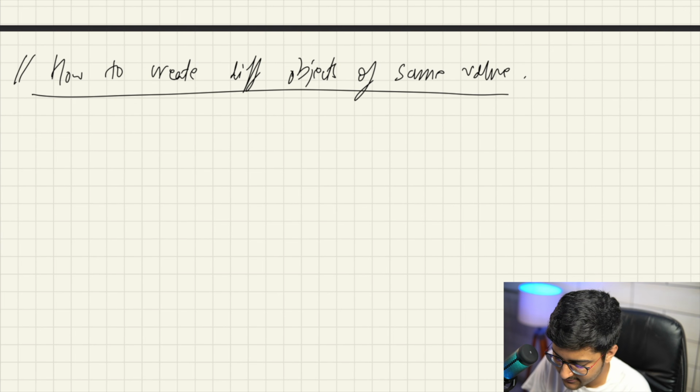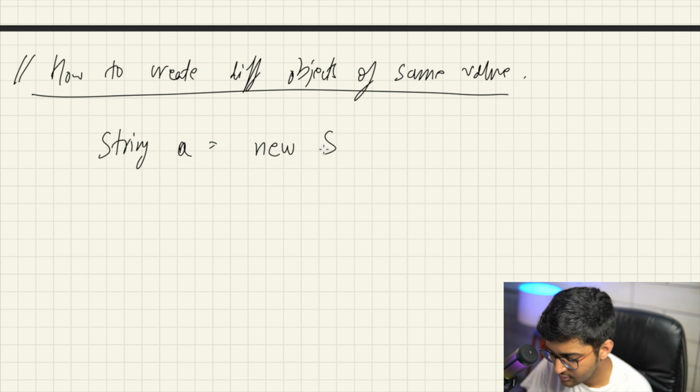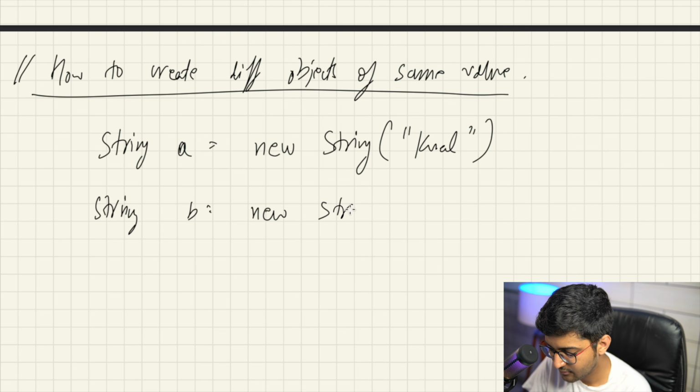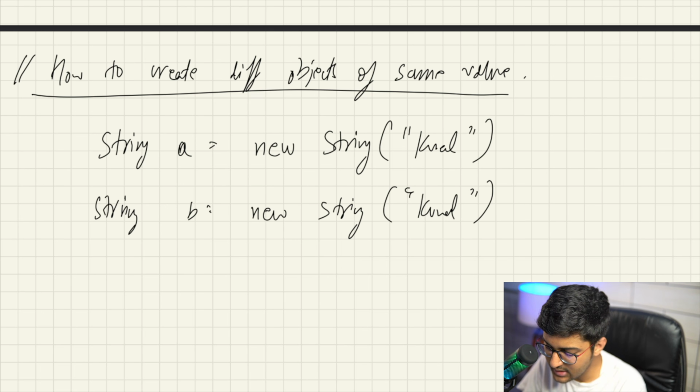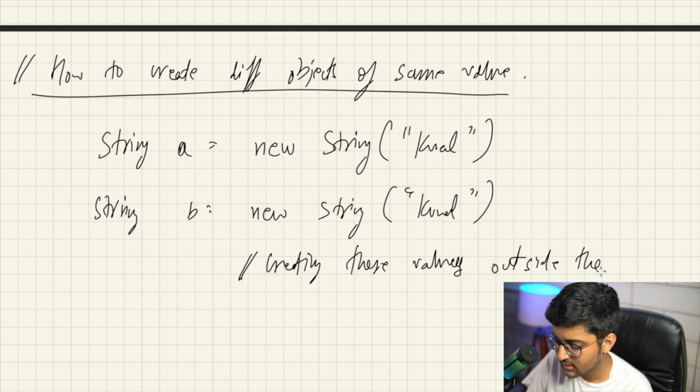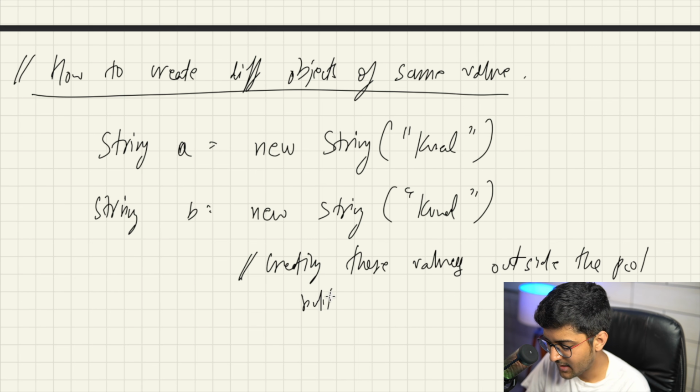So if you say something like string a is equal to new string Kunal, string b is equal to new string Kunal, it's actually creating these values outside the pool but in heap, because it's an object, so it will be in heap only.